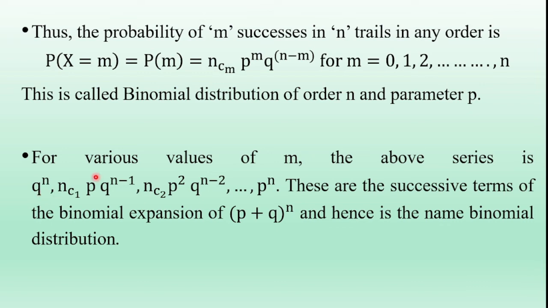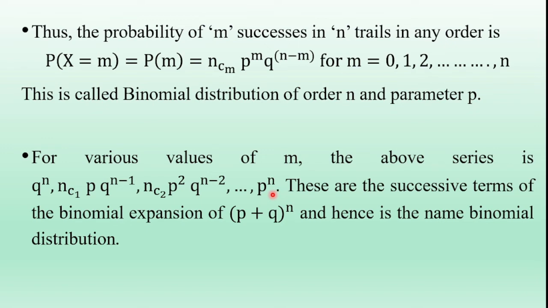Next substitute m equal to 1: nC1 into p power 1 into q power n minus 1, that is the second term. Next substitute m equal to 2: the third term is nC2 into p square into q power n minus 2, and so on. Substitute m equal to n: nCn is 1, into p power n into q power n minus n. N minus n is 0, q power 0 is 1. So the last term is p power n.